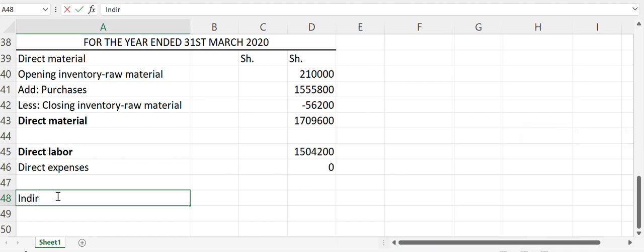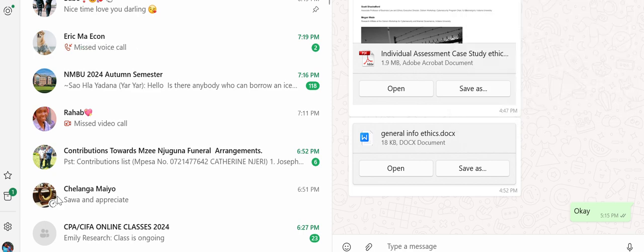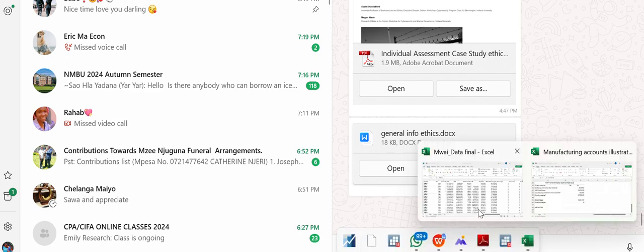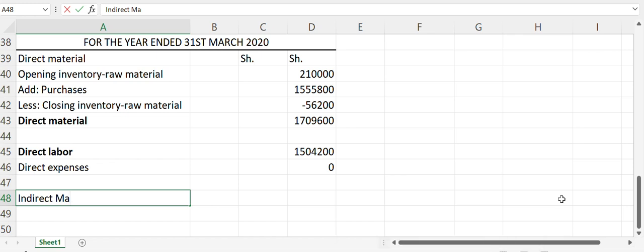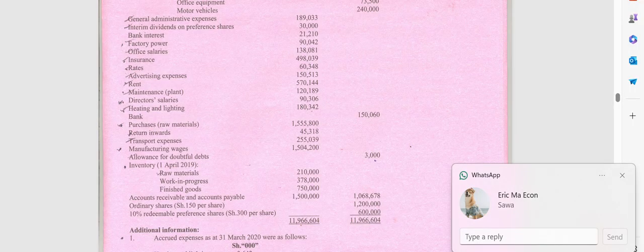So we have indirect manufacturing cost, and we have a good number of items.